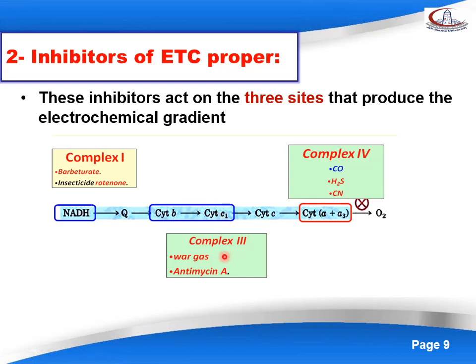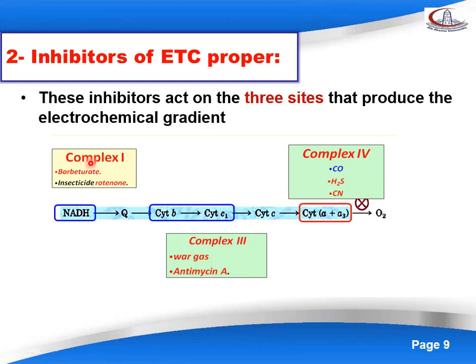With complexes 3 and 4, there is no oxidation and no phosphorylation. But look at complex 1, with barbiturate or rotenone, which inhibits the passing of electrons from NAD dehydrogenase. So think with me: no ATP is produced if barbiturate is used.